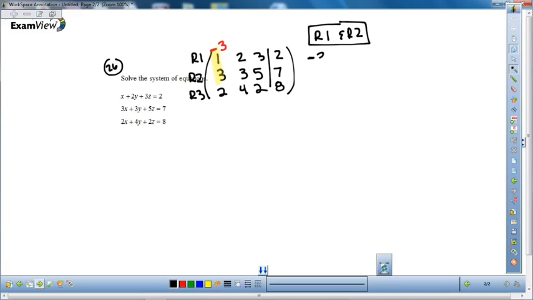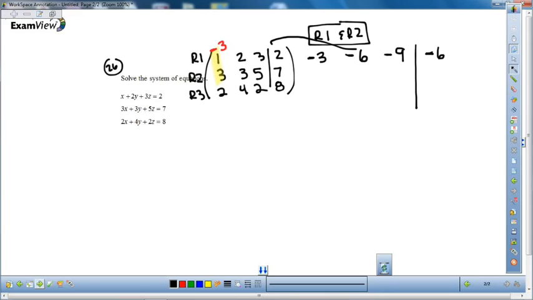So I'm going to have negative 3 times 2, negative 3 times 2 is negative 6, negative 3 times 3, negative 9, and negative 3 times 2, negative 6.